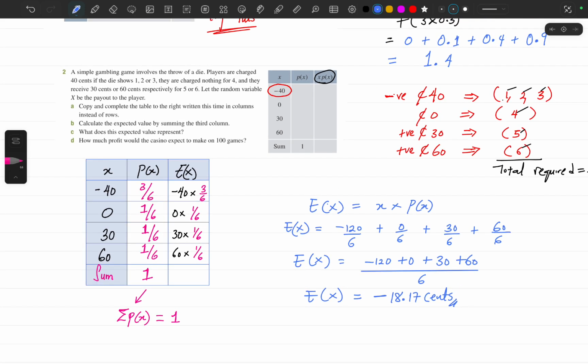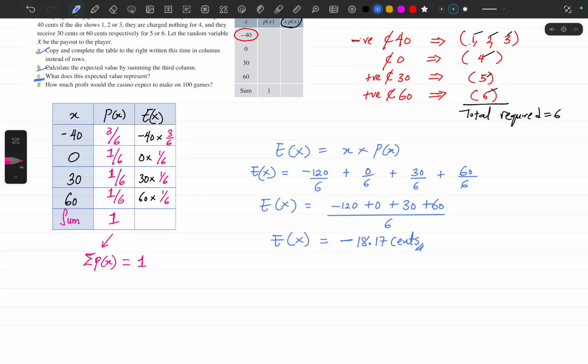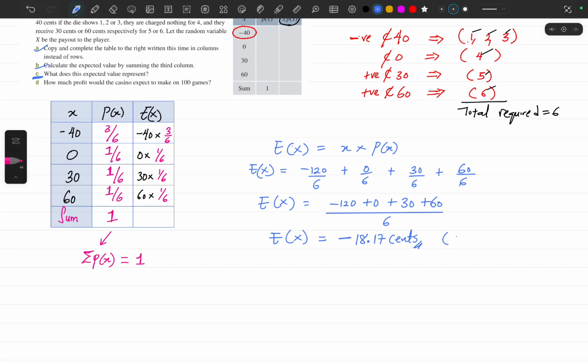Let's get to it. We've done the A and the B part. Now let's go to the C part of the question. What does the expected value represent? What the expected value represents is the mean. Did you forget? The average. Mean means average.